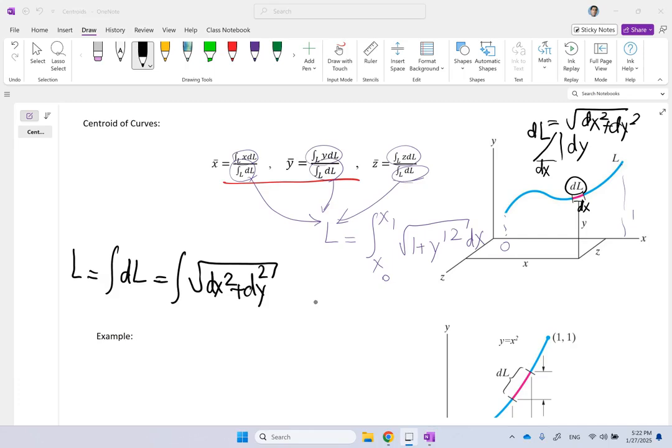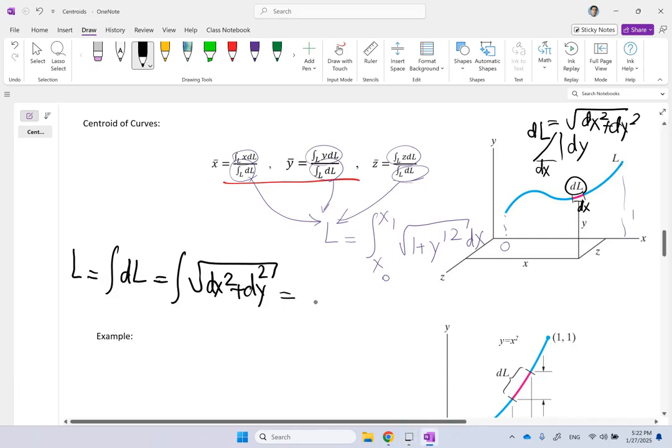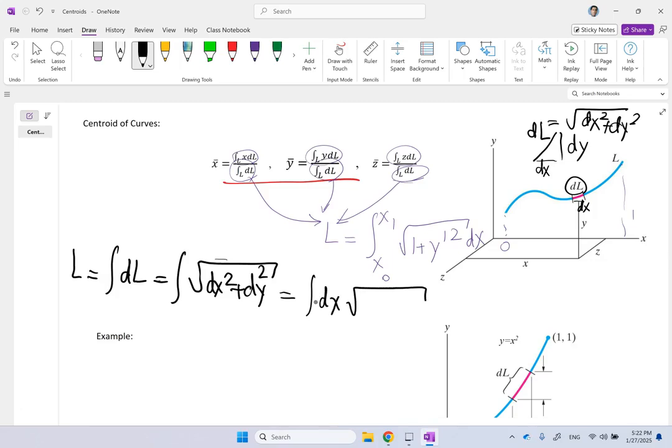And what you do here is you factor out the dx squared under the square root and bring it out. Now the dx squared under the square root, when it comes out, you're just going to get the dx. And under the square root, since dx squared was factored out, you're going to get a 1. And the other term is going to be just dy squared over dx squared, or you can write it as dy over dx, the whole thing squared.